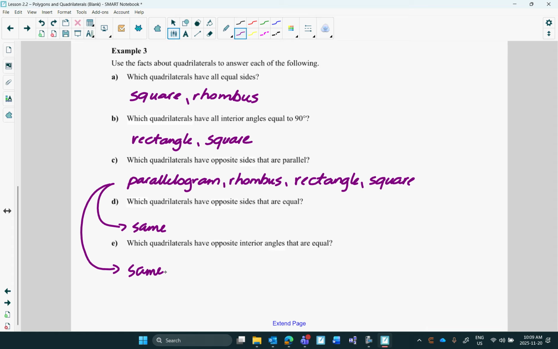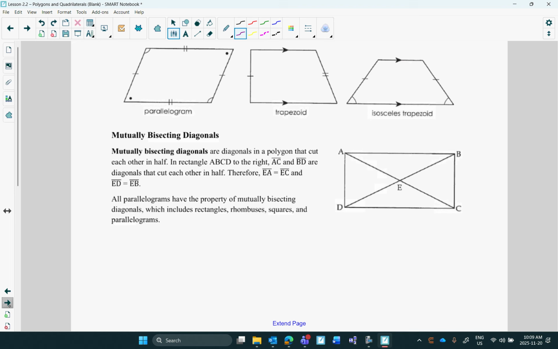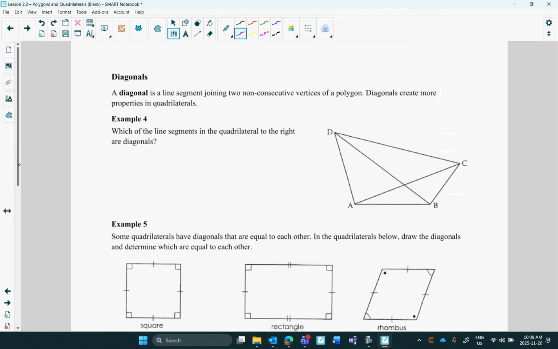There are some other properties we're going to look at with quadrilaterals. And one such property are diagonals. How do you draw a diagonal inside of a quadrilateral? You pick one corner and go to the opposite corner.